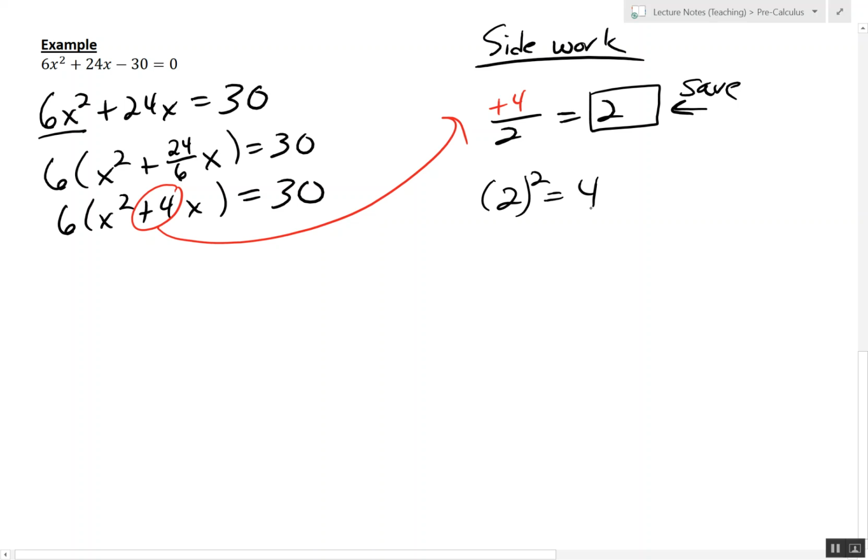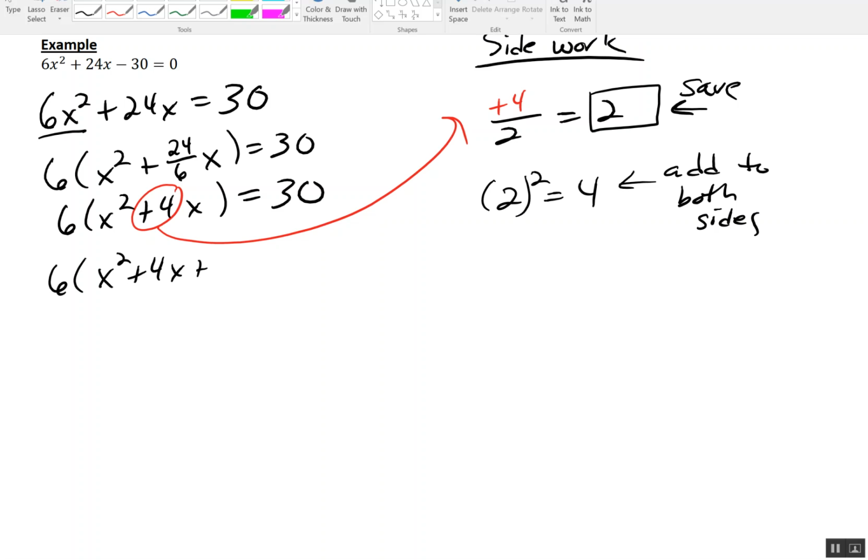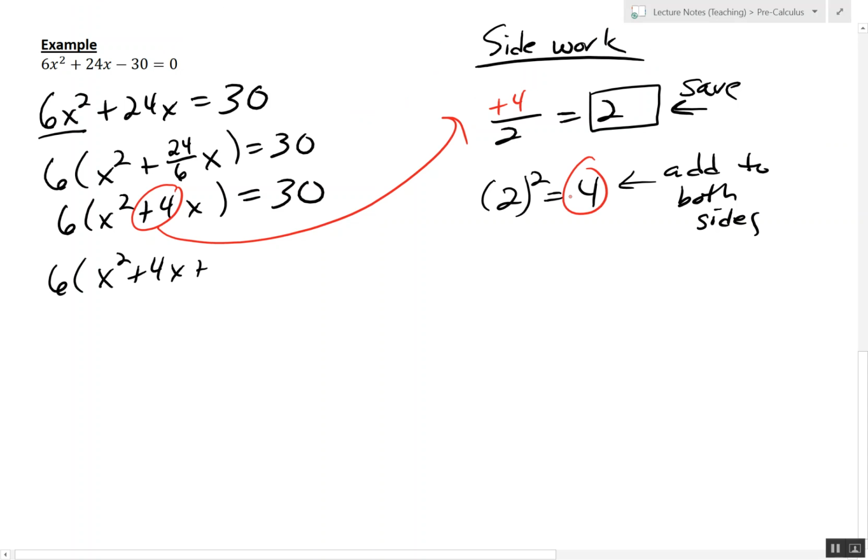So what we're going to do now is add to both sides with this. But we have to be careful this time. So we're going to take a 6, and we're going to have an x squared plus 4x, and then this plus 4 will go in right here. Equals 30. Then we're going to add 4, but notice that this 4 in here has a 6 being multiplied to it.